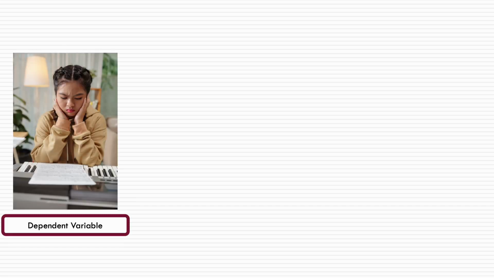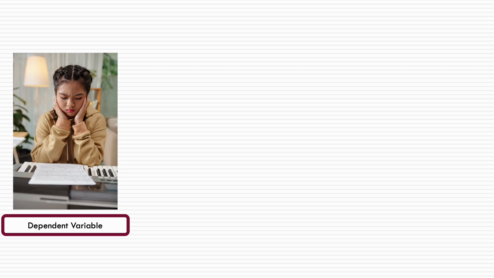Here's an example of the causal relationship between independent and dependent variables. Let's say we have a teenager who is trying to learn the piano and she's not doing very well. She's our dependent variable. We want to do something that might see some change in her ability to play the piano, play the keyboard.